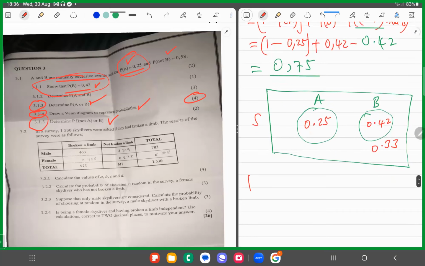So if the examiner asks you to find the probability of not A or B, the probability of not A or B.